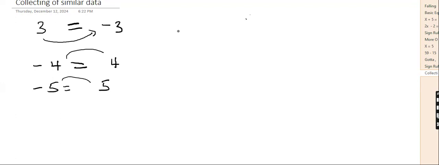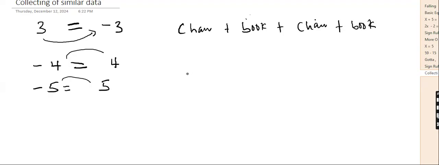So what do we mean by similar data? So if I have a chair and I have a book and I have another chair and I have a book again, if I ask you to add this together, what you're going to do, you're going to add the chairs and the chairs together. Then you add the book and the book together.